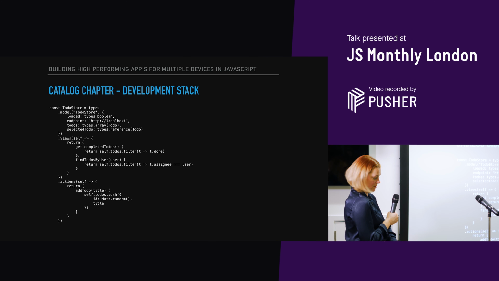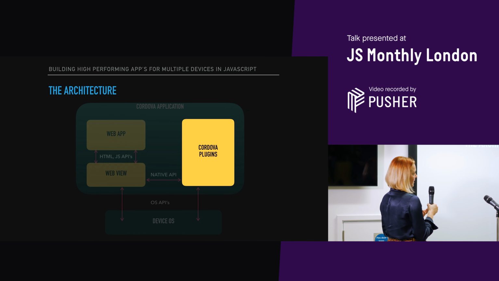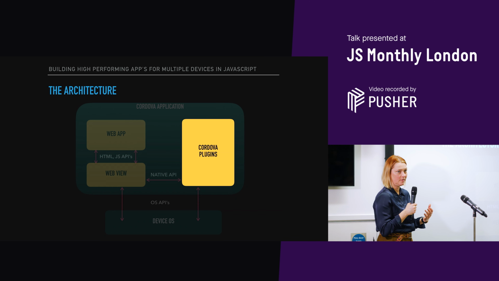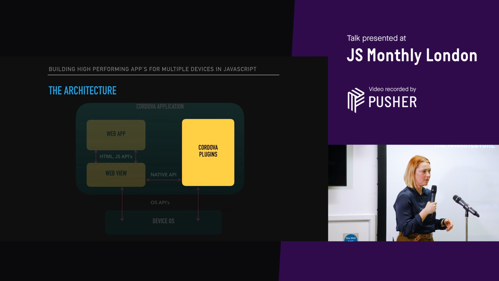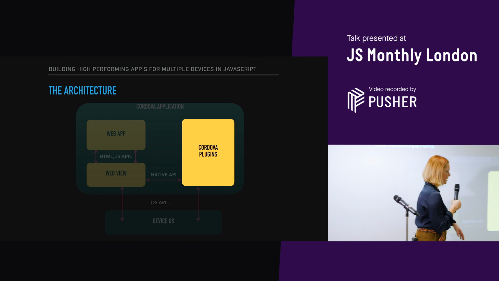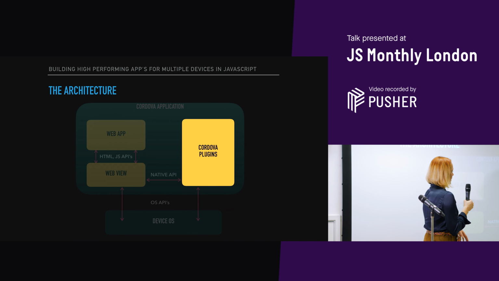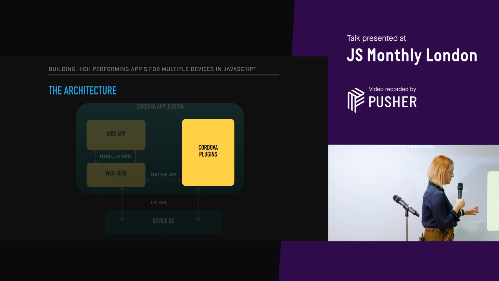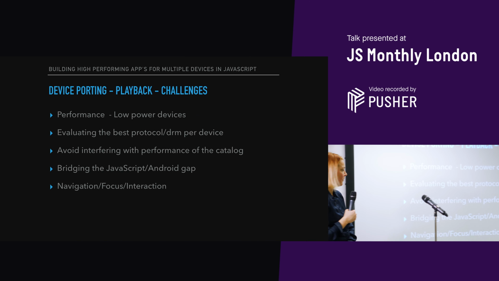One more thing that I was not talking about, it is really not something my team is doing, but I think it's worth mentioning because DAZN is a streaming company, right? So it's streaming sport. And I haven't talked about playback at all. How we are going to implement the playback into our catalog is work in progress again, through Cordova plugins.